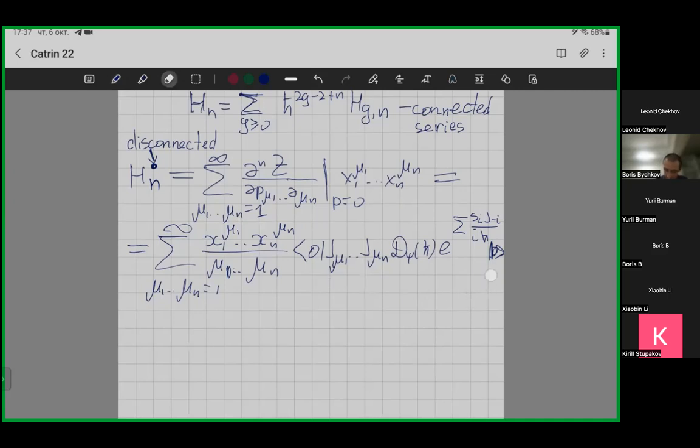And it's just rewriting our generating series in terms of this Fock space formalism.